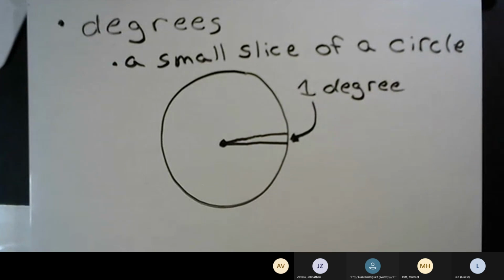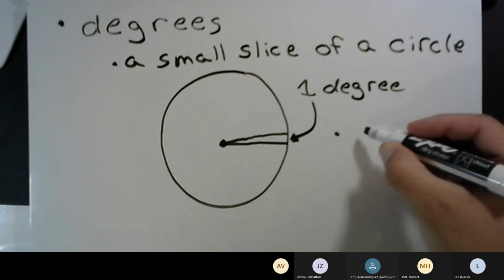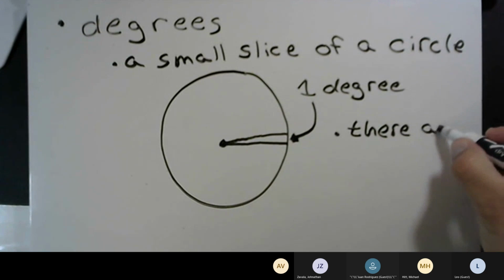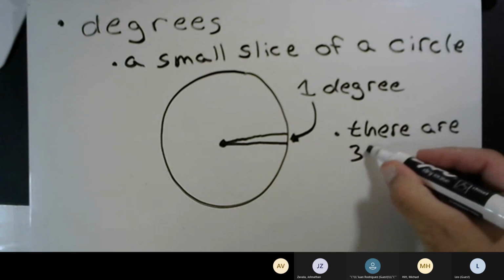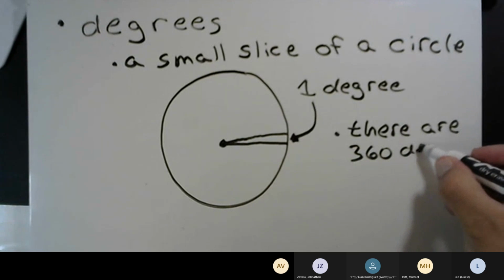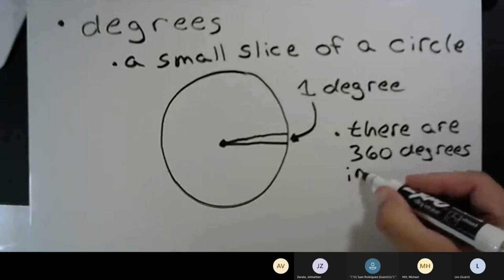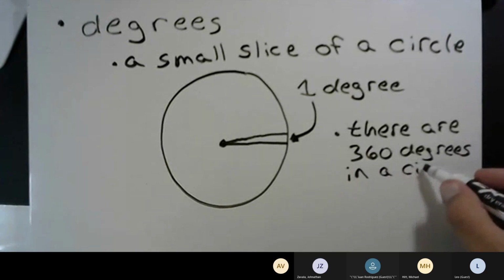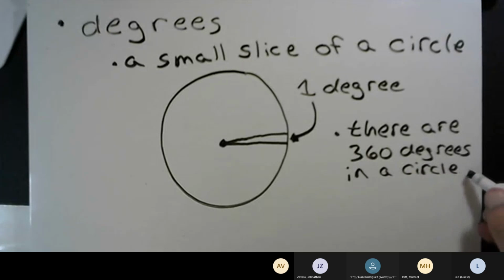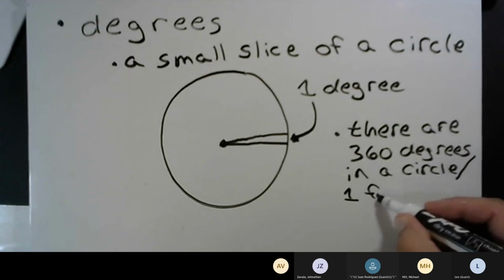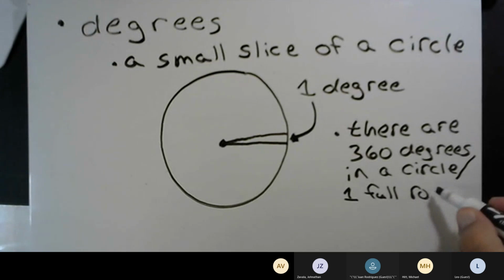It's just going to be this one slice of a circle. Now, there's a requirement for degrees. There are 360 degrees in a circle, or 1 full rotation.